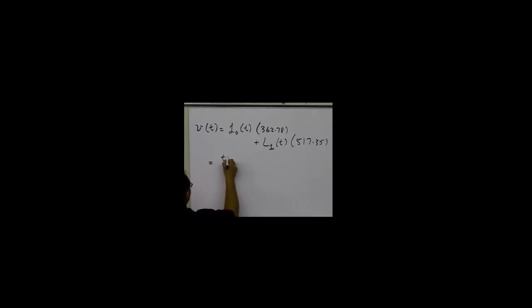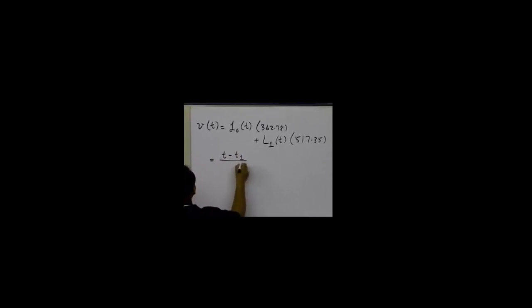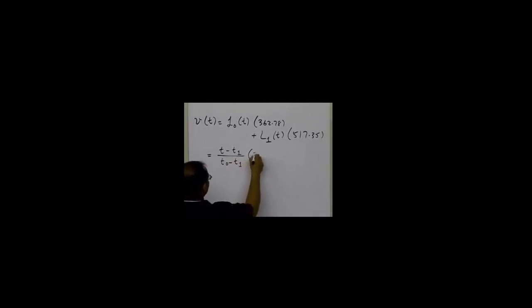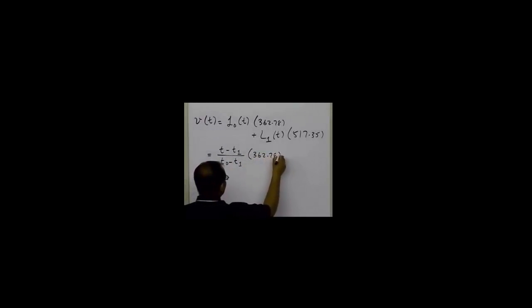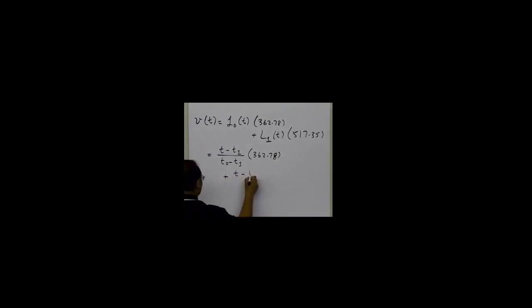Now I'm going to substitute these weights. I get t minus t1 divided by t naught minus t1 times 362.78, plus t minus t naught divided by t1 minus t naught times 517.35.